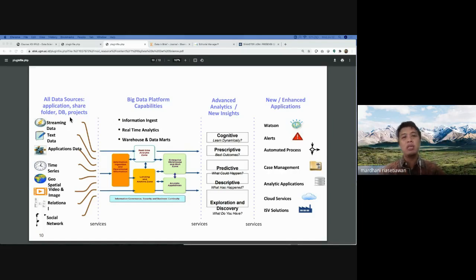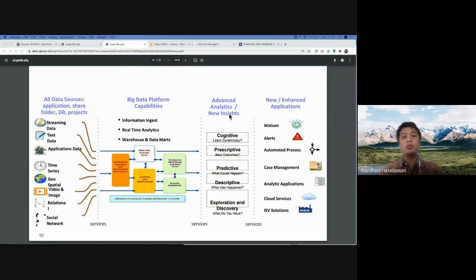If we try to give a specific definition, it will be big data engineering. So this will be the big data engineering side, and this will be the big data architecture side actually. And then the next component is what we call advanced analytic or new insight.